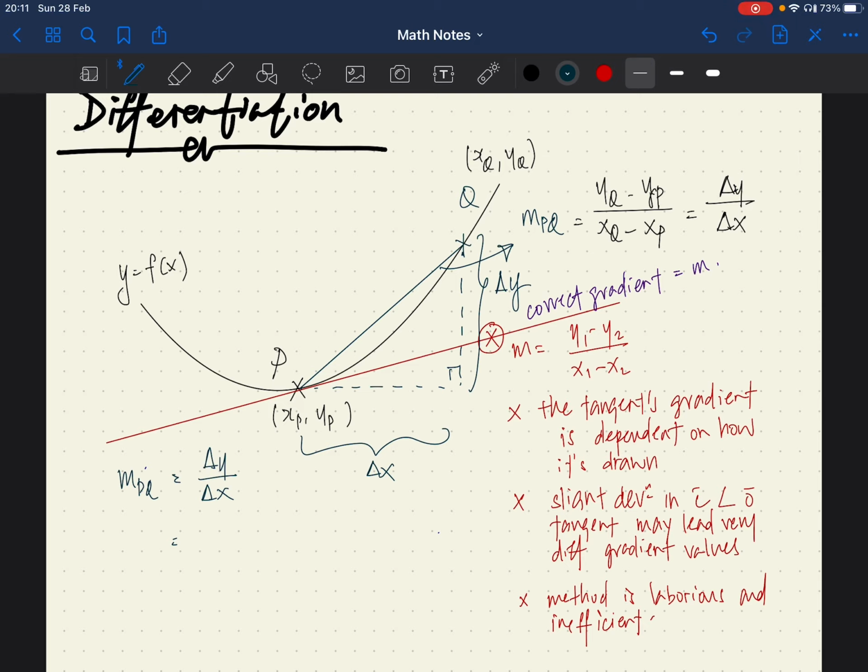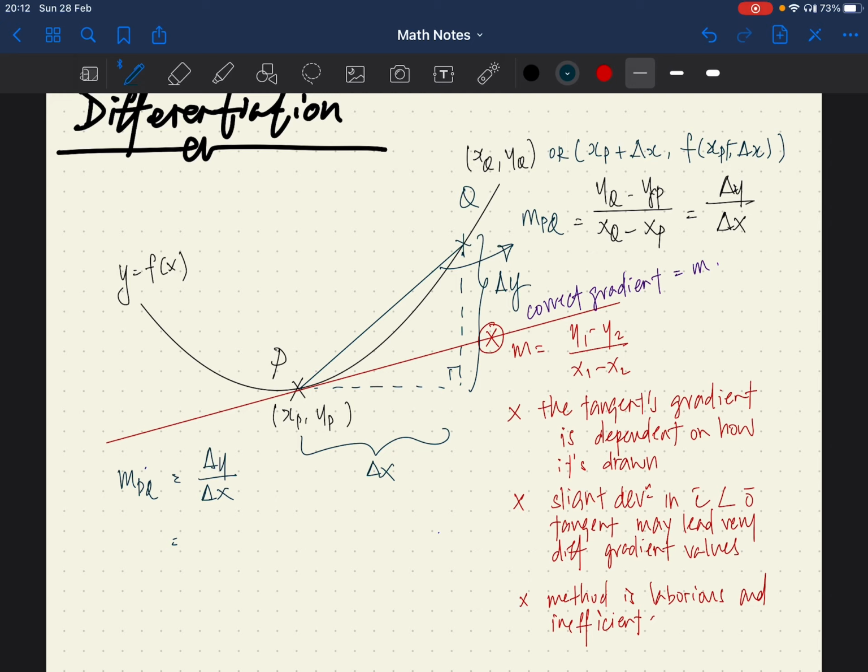The change in y and change in x can actually be calculated in terms of f. So the point Q has xq comma yq, but since my change in x is delta x, I can rewrite this instead as xp plus delta x, comma f of xp plus delta x.